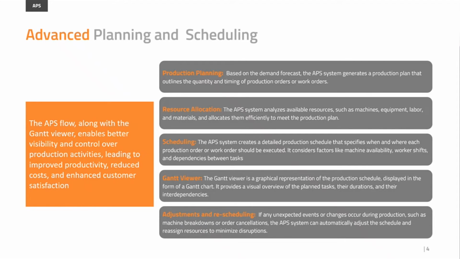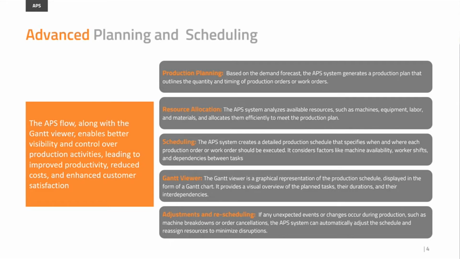So if there's an interruption or planned maintenance, the tool will always take a look at it and can reschedule. And if the equipment is not ready or the material is a little bit late, you can plan it with the tool. So it's more detailed than the MRP one.